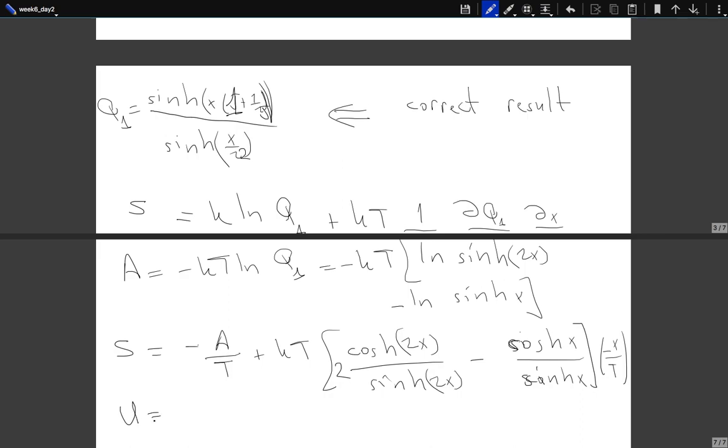U is just kt, the t's cancel, minus k times x, times twice cosine hyperbolic 2x divided by sine hyperbolic 2x minus cosine hyperbolic x divided by sine hyperbolic x.